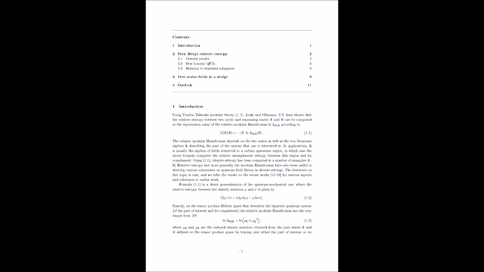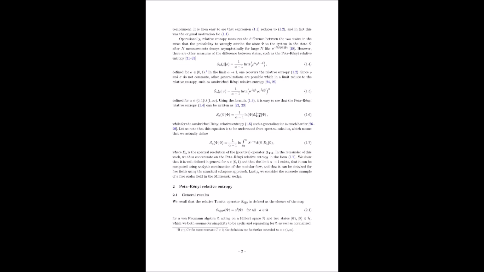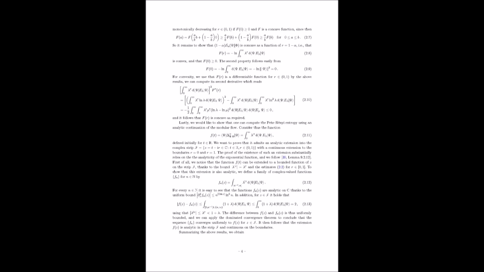And this result tells us that the Petz-Rényi relative entropy is sensitive to the fundamental properties of the scalar field. It's not just a generic measure. It's capturing something specific about the nature of this particular field. That's really fascinating. It highlights how the Petz-Rényi relative entropy can provide a deeper understanding of the relationship between quantum information and the physical characteristics of a system.